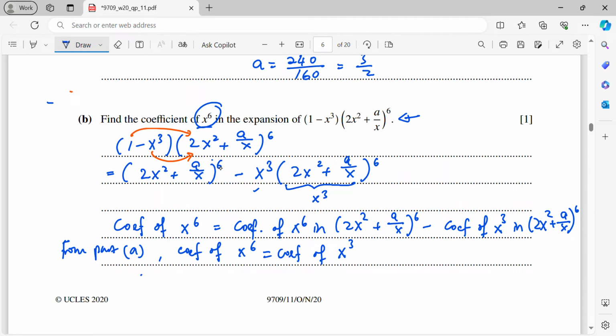That means now, basically, for your answer, the coefficient for x degree 6 here, no need to do any calculation of x degree 6 in 1 minus x cubed times this expansion. It will be 0 because they are the same. Right? So that's why only 1 mark.